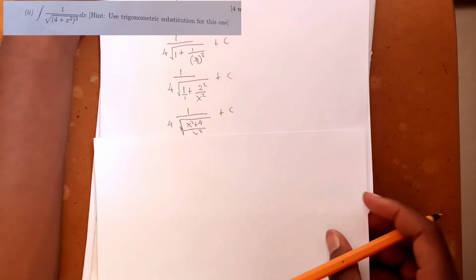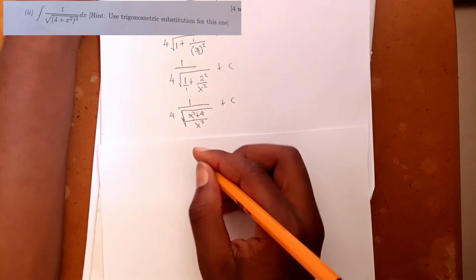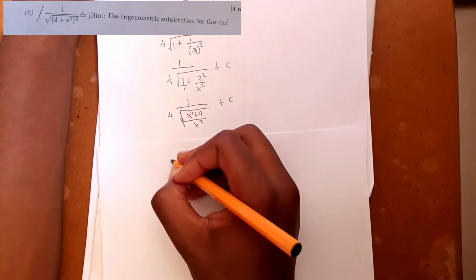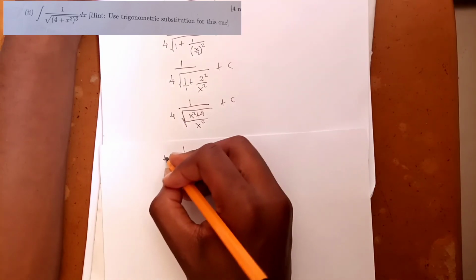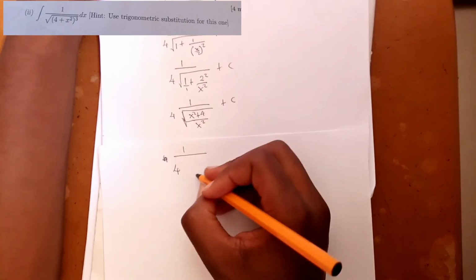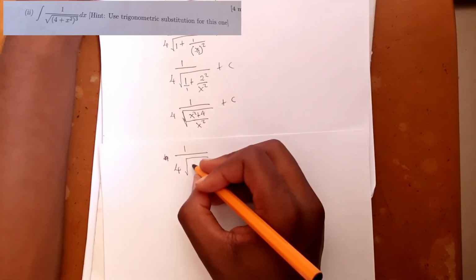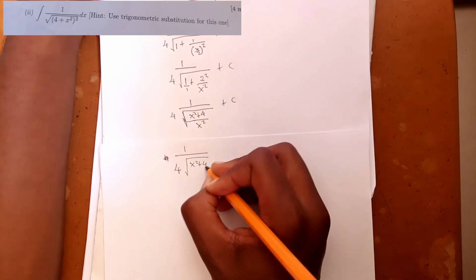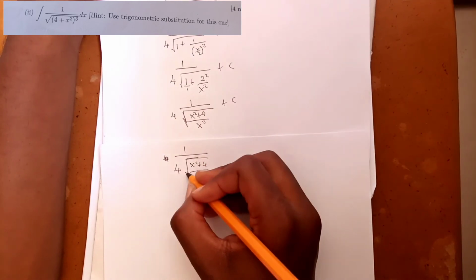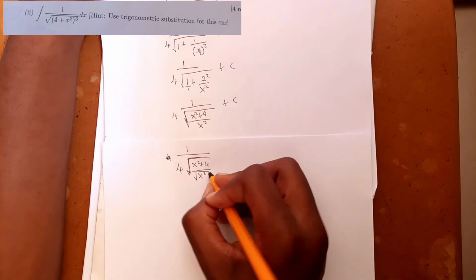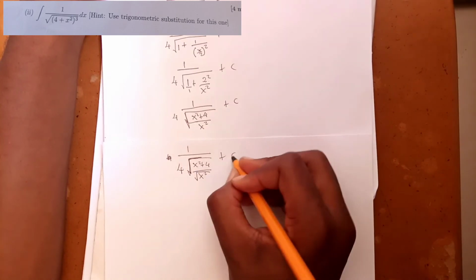So we go on to evaluate this one again. We'll have 1 over 4, square root of x squared plus 4 over x squared. Now this square root can be taken for the denominator and the numerator, because they're the same thing at the end of the day.